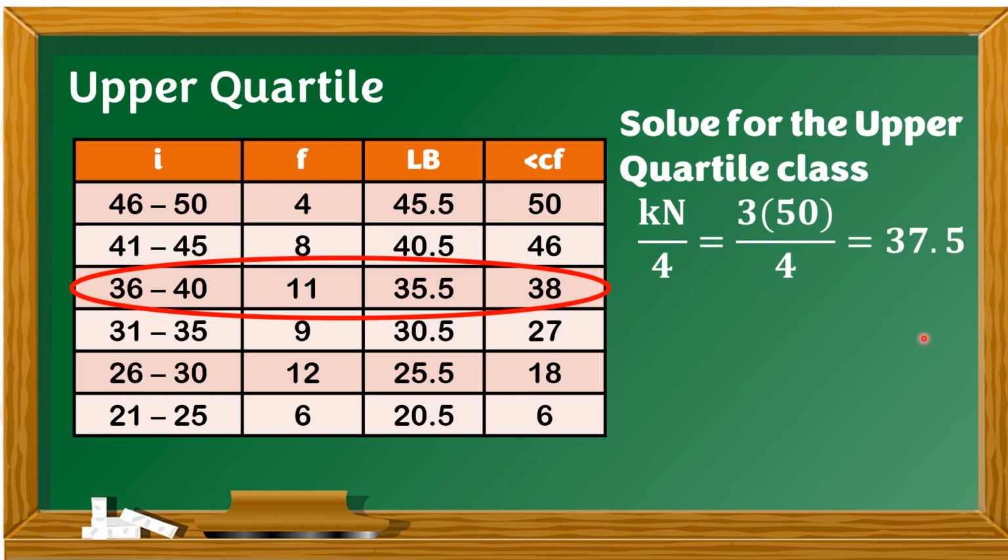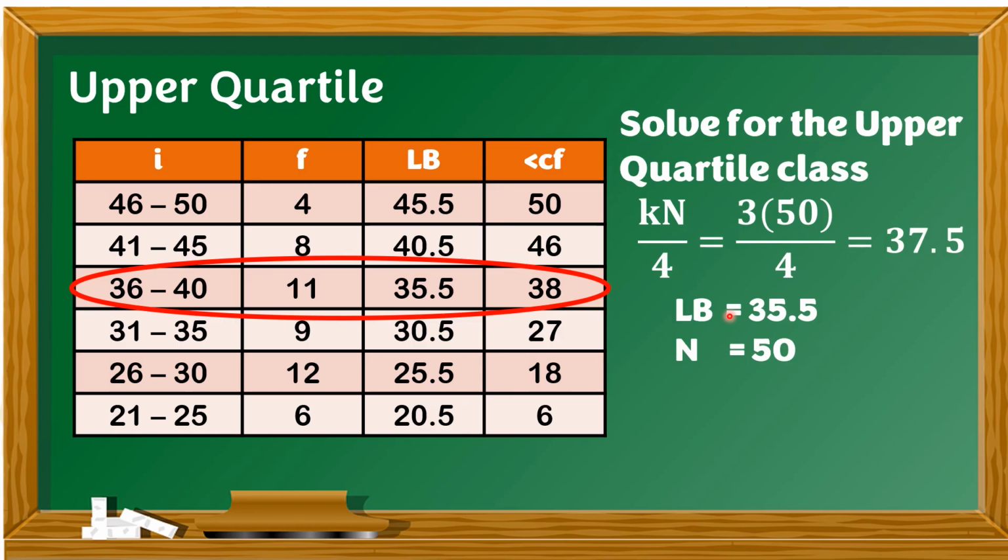So here, we're going to look for the location of 37.5 in the cumulative frequency. So 37.5 is located here. Okay. And then next is we're going to determine the value of LB, or the lower boundary of the upper quartile class, which is 35.5.